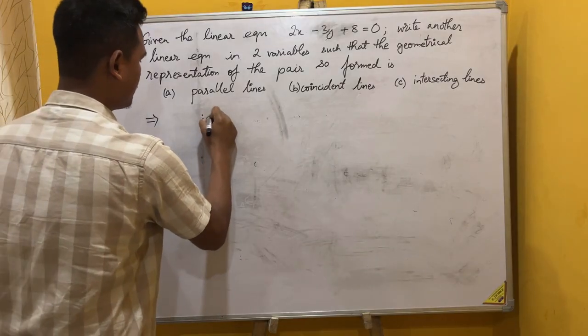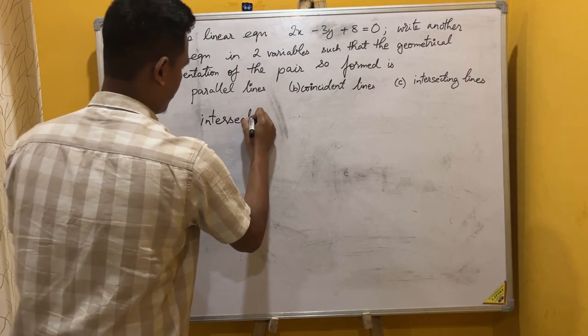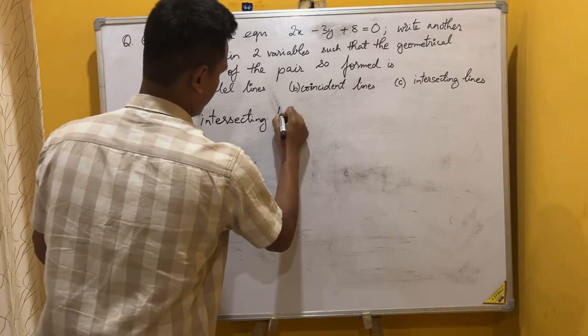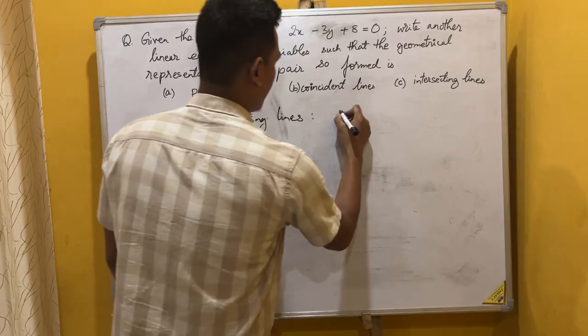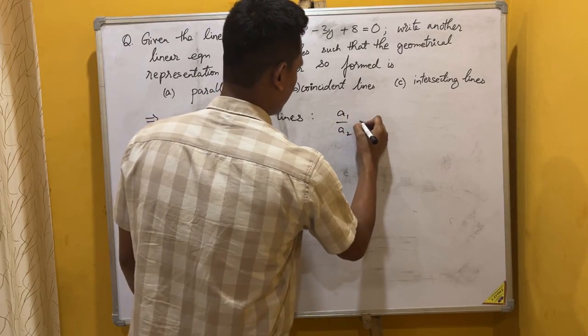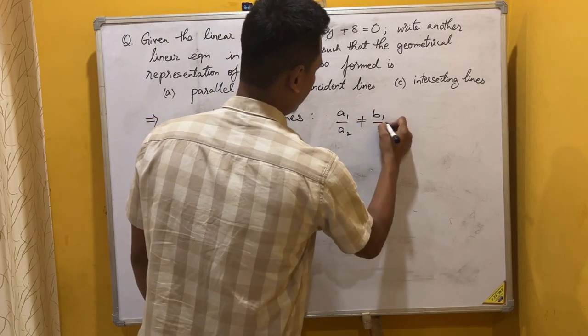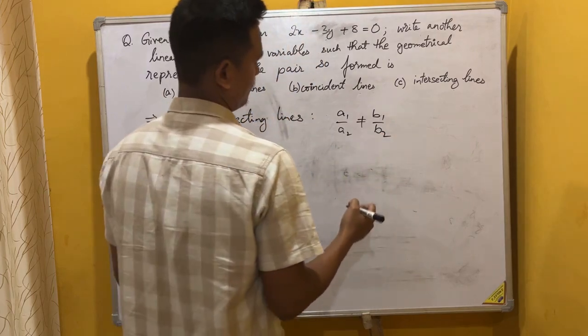So intersecting lines: the lines intersect when a1 upon a2 is not equal to b1 upon b2.